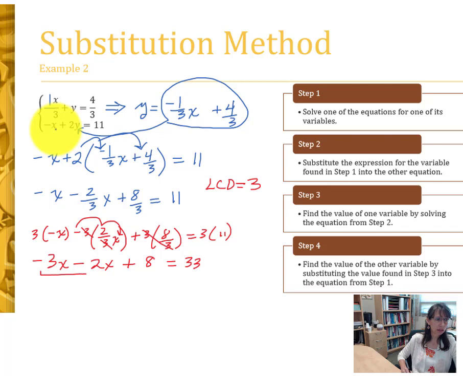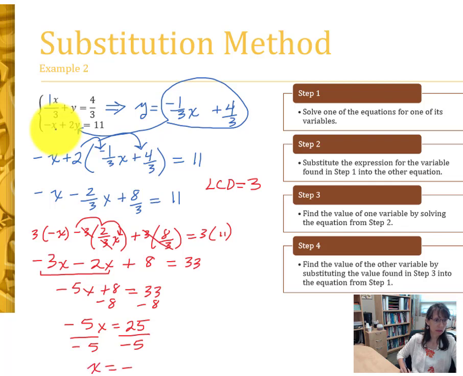So when I collect these like terms, I'll have minus 5x plus 8 equals 33. And now all we have to do is isolate x. Subtraction of 8 leaves us negative 5x equals positive 25. Our final step is to divide each side of this equation by negative 5. So the x value is now equal to negative 5.